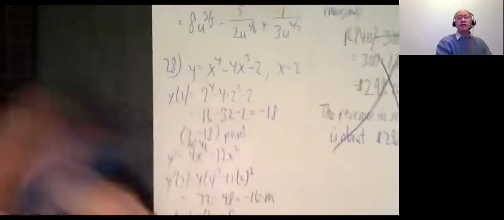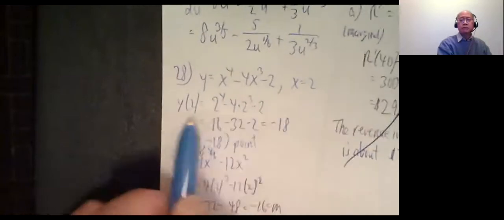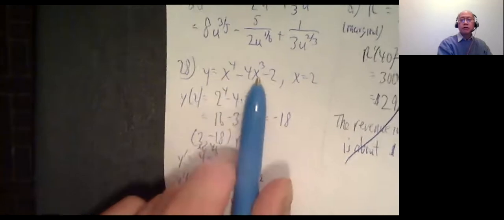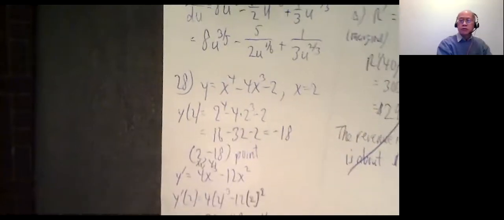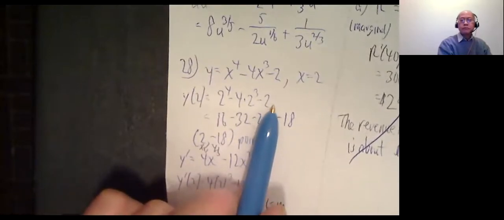So find the equation of the tangent line, that means derivative, at x equals 2. Okay, they don't give me the y value, but you can plug it in. So y of 2, put a 2 here, a 2 here. So 2 to the 4th minus 4 times 2 cubed minus 2. 2 to the 4th, 2 times 2 times 2 times 2 is 16.